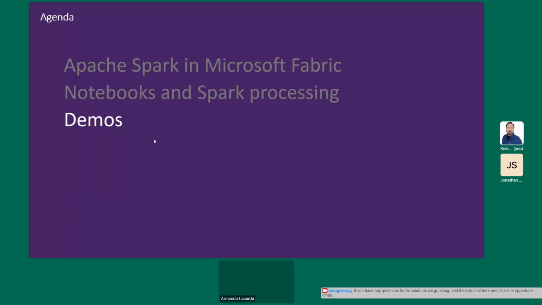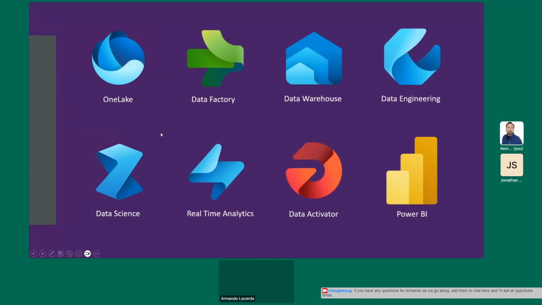So not that many topics, a lot of demos. You guys have already asked questions. Keep them coming. At the end of the presentation and the demos, I would love to try to answer your questions.